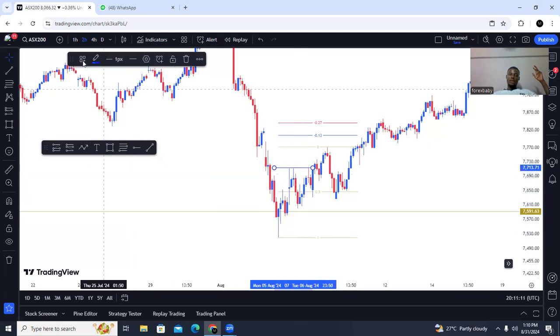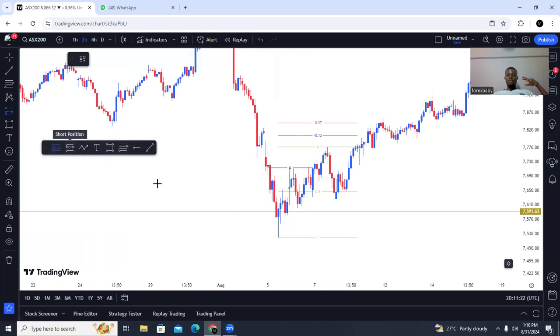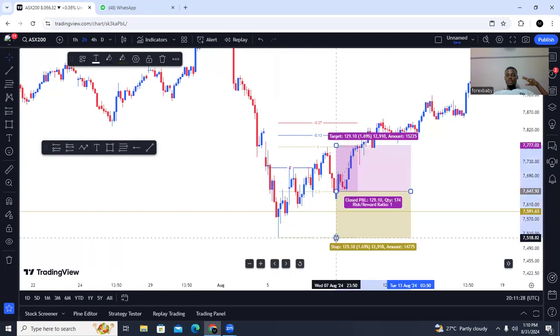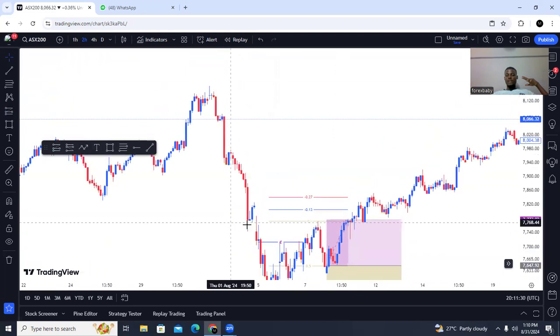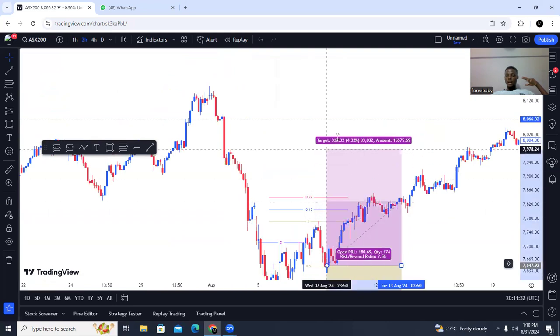So this is our shift in market structure. This is where the market shifts, showing that they want to start buying. So right here, I'll just place my fib tool and set my limit at the 50% of the zone. Then I'll target our trade.